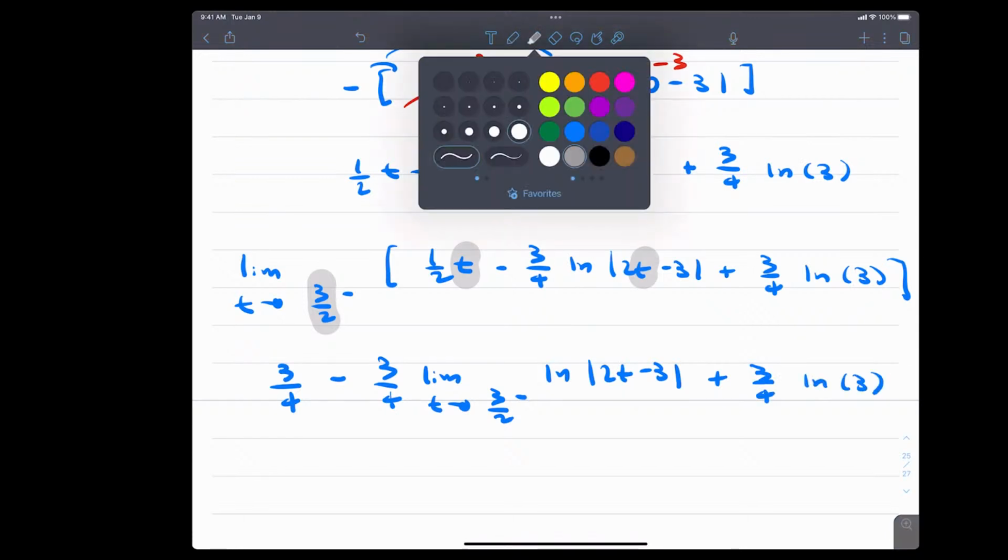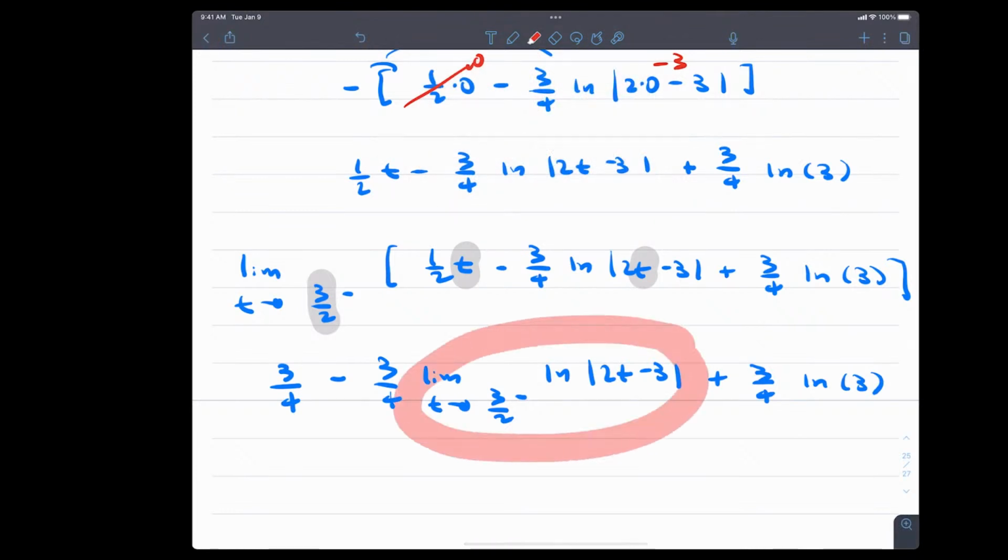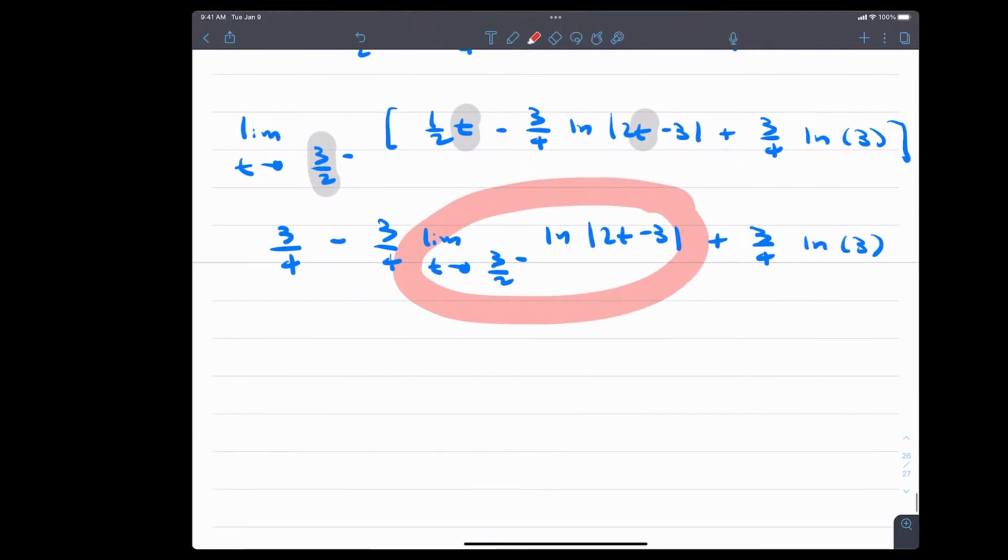So what I'm really saying is we're going to have to focus right in here on the limit. Everything else is a constant. So here's the logic. As t goes to 3/2 from the left, 2t minus 3, where does that go to? That goes to 0.